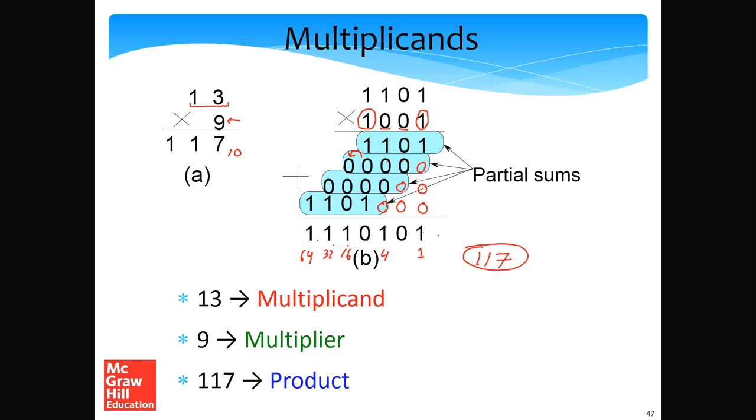So you see that multiplying numbers in base 10 and base 2 is exactly the same, and we also get the same result. The important take home points here are: we define the term multiplicand, which is this number. We define a multiplier, which is this number. Then the final result is a product, and each of these blue rectangles is a partial sum.